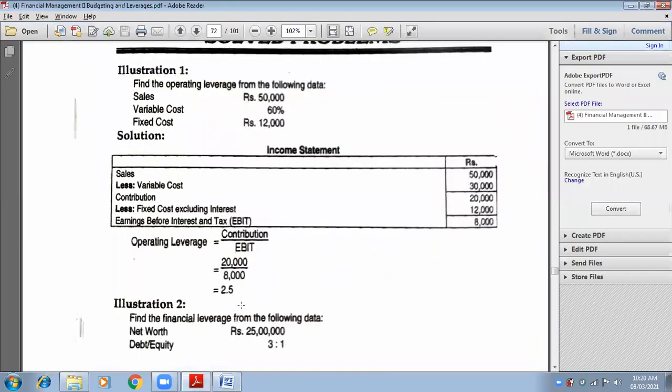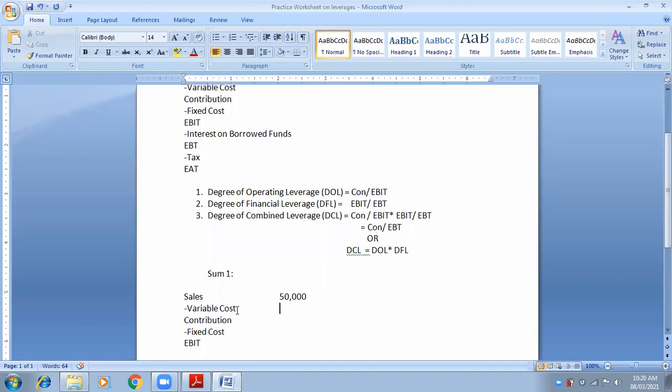Now variable cost is 60 percentage. So you can write it in the bracket 50,000 into 60 percentage and close the bracket. You will get the answer. Tell me, 50,000 into 60 percentage is how much?